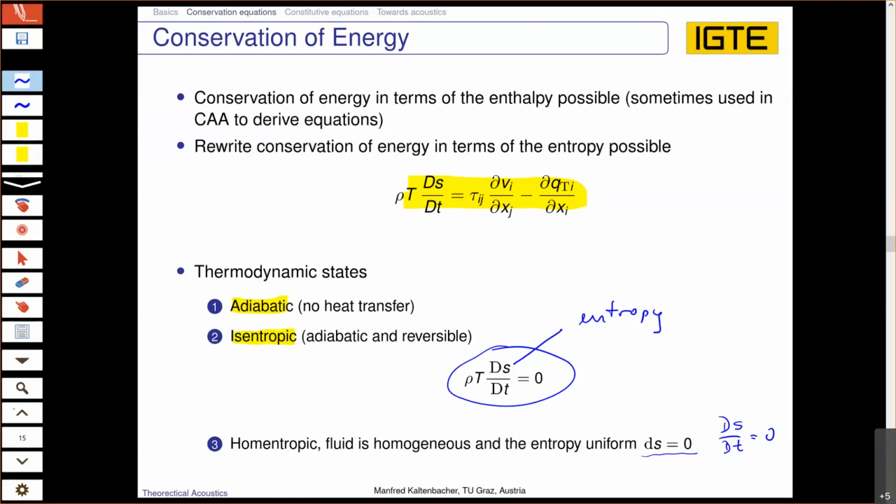For some cases we can have a simplified state equation where at the end we get rid of the entropy, and you get out of this an equation for the temperature T, where the classical fluid dynamics quantities like the viscosity effects are also included.